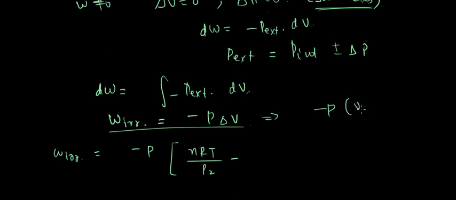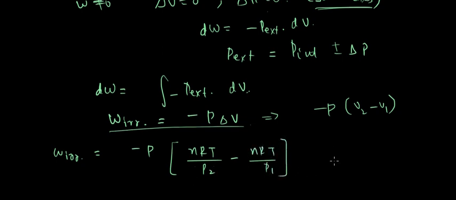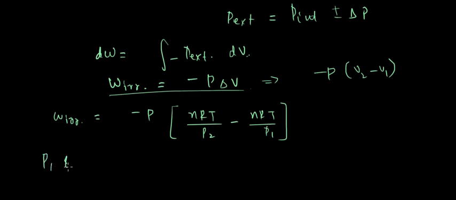So V2 minus V1 can be written as nRT upon P2 minus nRT upon P1, where P1 and P2 are the initial and final pressure of the gas.